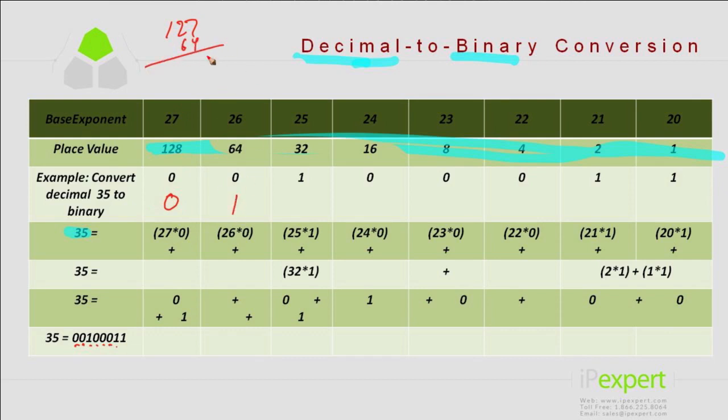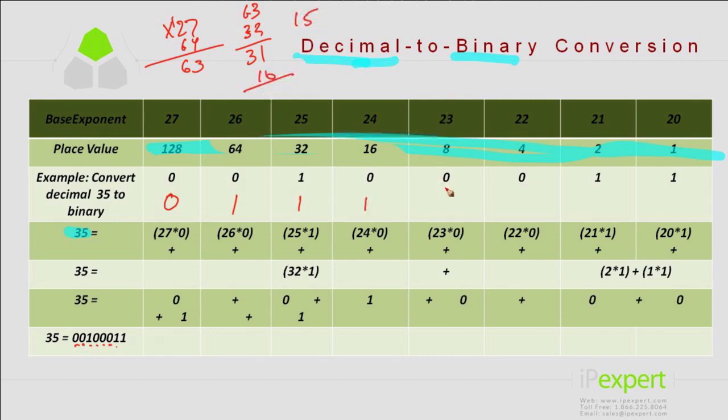So subtract 64, that leaves me 63. All right, can I subtract 32 from 63? Yes. 63 take away 32 leaves me 31. Can I subtract 16 from 31? Yes. 16 from 31 leaves me 15.